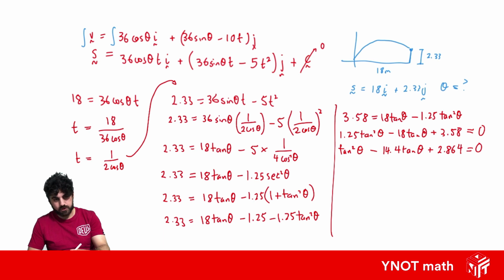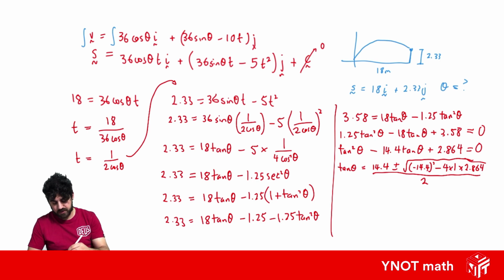Now we have a quadratic equation in terms of tan, so we can say that tan theta is going to be minus b, so minus minus 14.4, plus or minus the square root of b squared, so minus 14.4 squared minus 4 times 1 times 2.864, so it's minus 4ac, all over 2a, which is just 2 because a is just 1. Plugging all that into the calculator is either going to give you 0.2 or 14.2.